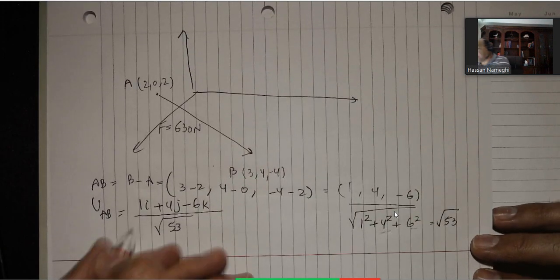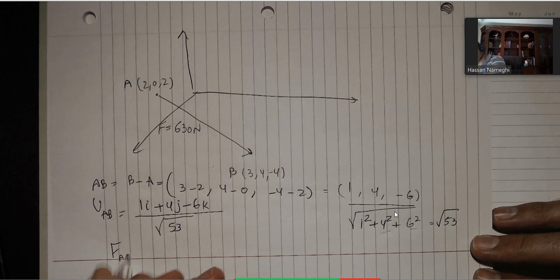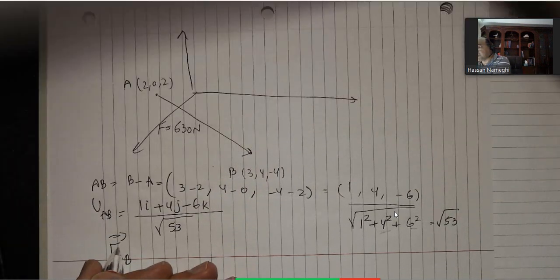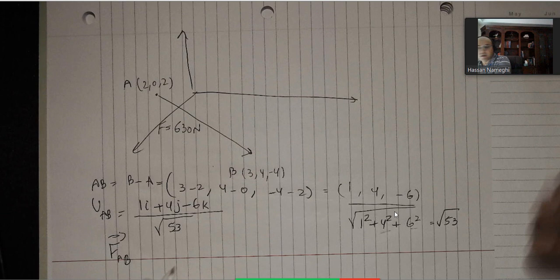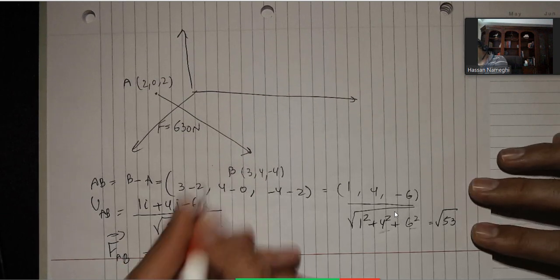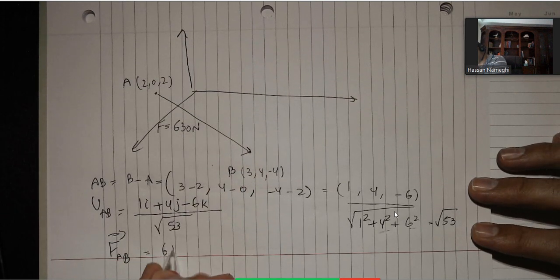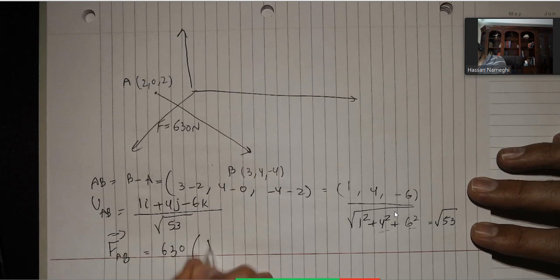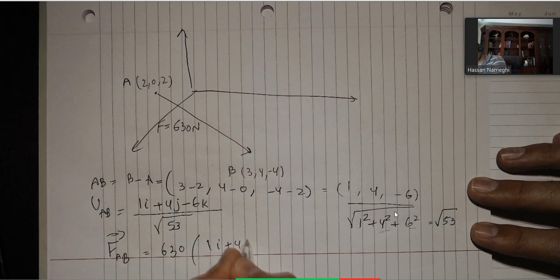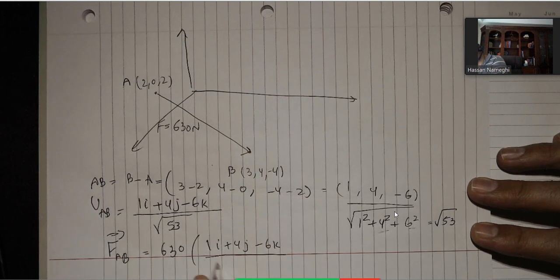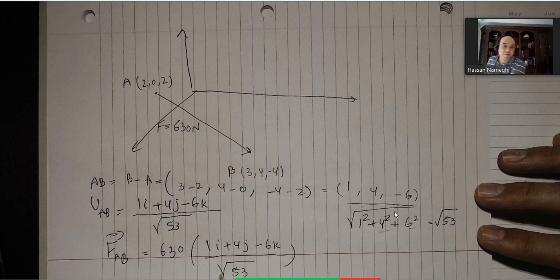So to find FAB, in vector format with the arrow on the head of it, is equal to the magnitude of it, which is 630, into 1I plus 4J minus 6K over root of 53. Because I'm lazy, I'm not going to do this by this by this.